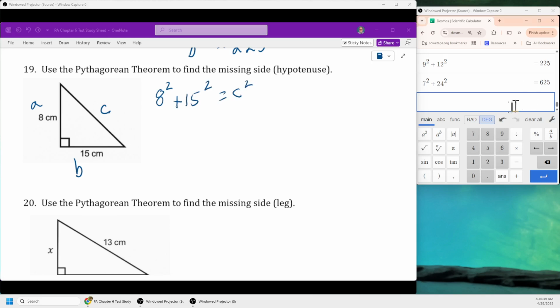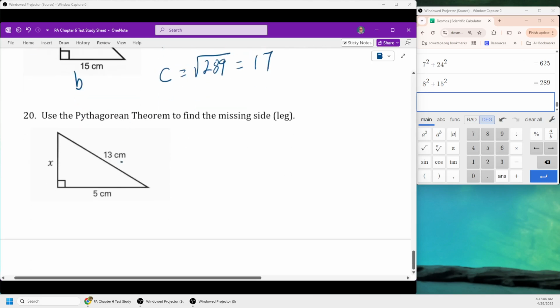If we go over here and do 8 squared plus 15 squared, that gives us 289. So side C would be the square root of 289, which is 17. Who got 17 when you did that? Great job.